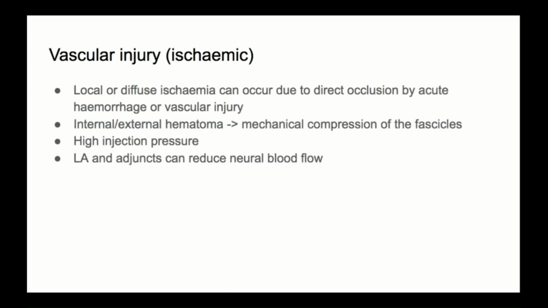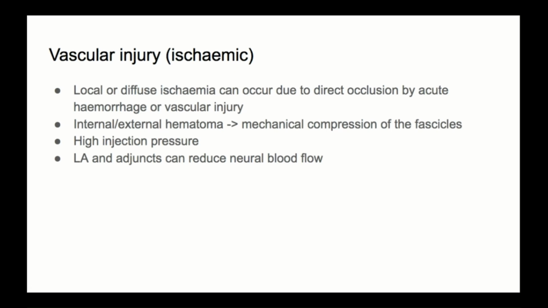Ischemia is when there's disruption of blood flow to the nerve itself. 50% of the peripheral nerve vascular supply comes from a network of capillaries known as the vasa nervorum. So there can be disruption, for example, due to direct occlusion by acute hemorrhage due to injury or vascular injury, or formation of a hematoma, which causes mechanical compression of the vessels and disrupts the blood flow, or it could be due to too high injection pressure.